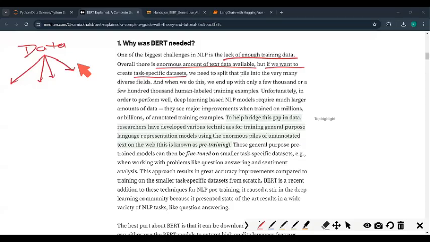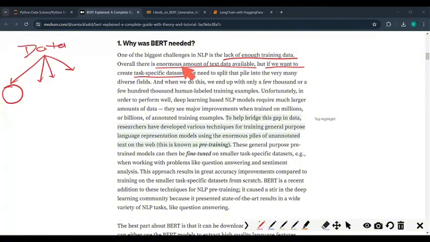Whatever statements, paragraphs, articles, documents, PDFs are there on the internet related to languages, they are related to multiple domains. If you look at these multiple domains together, the overall data is very large. But if you take a particular domain out of this entire data, that is not very large, right?